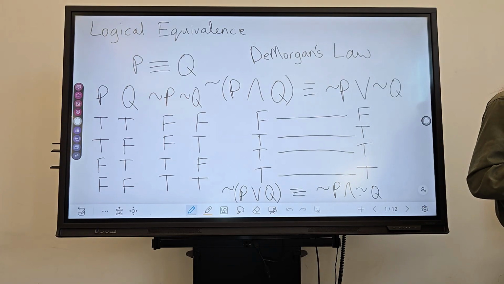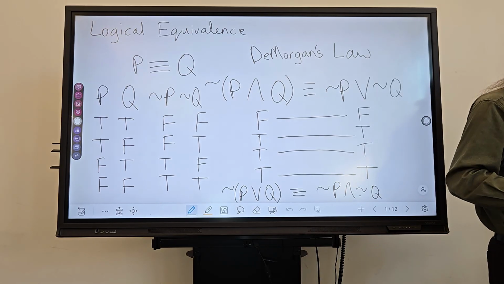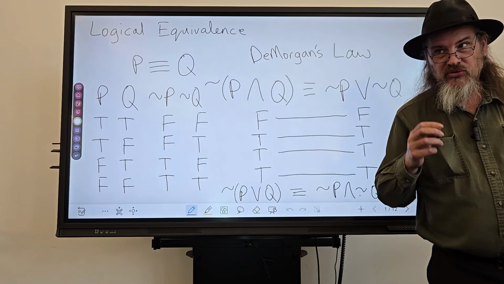Basically, you can test the equivalence of two statements by comparing the truth values of the two statements and seeing if the entries are the same for each of the matching input variables.